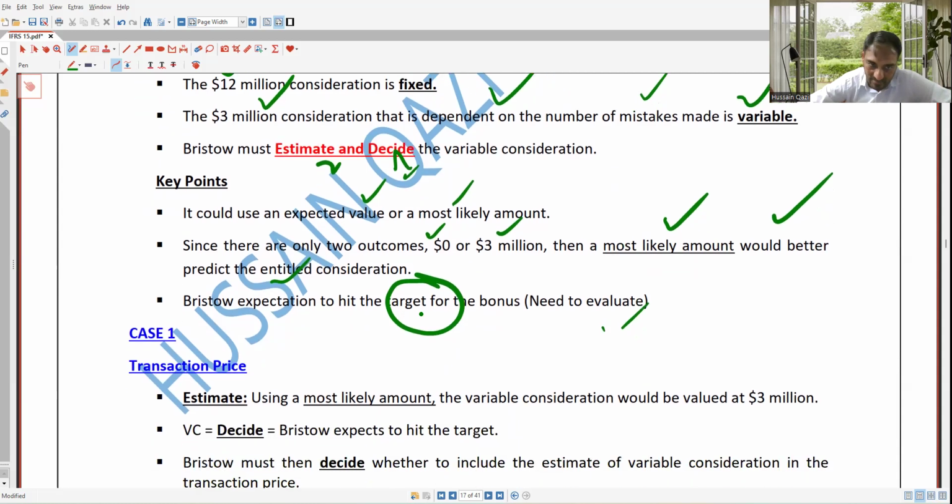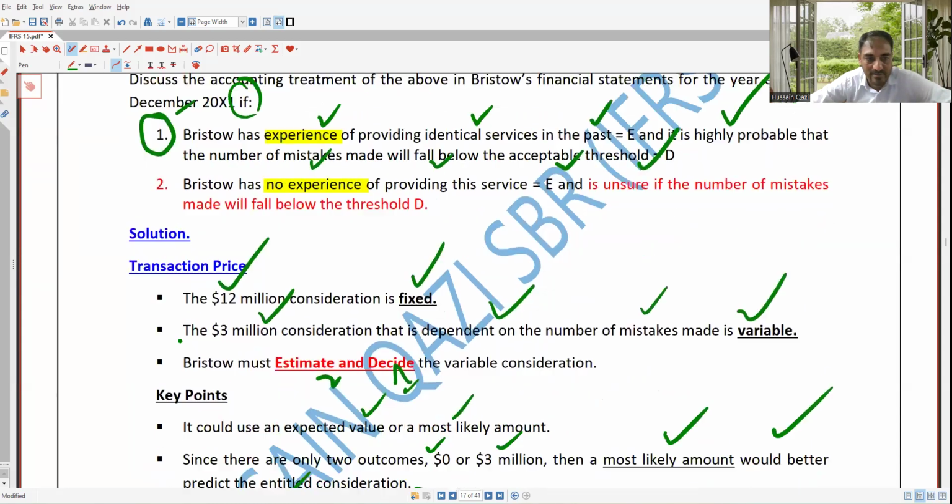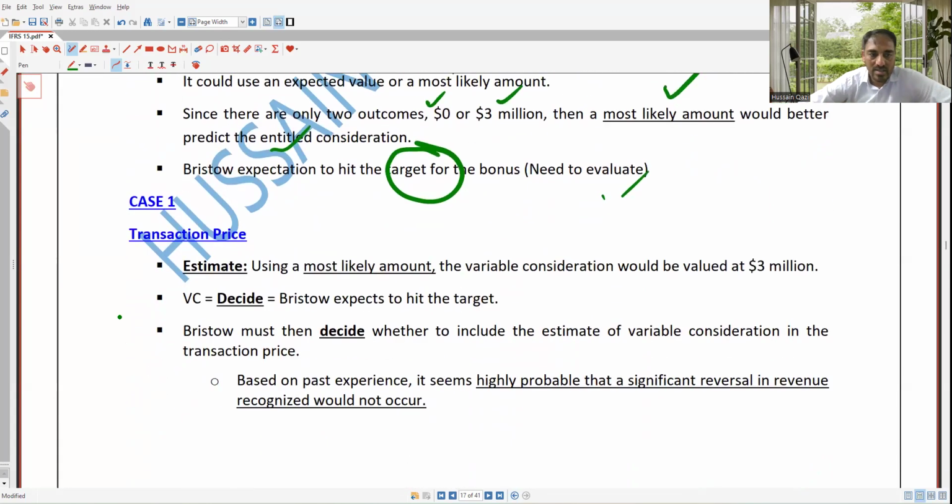That is Case 1. The estimate has been done. Okay, now the variable consideration needs to be decided. Bristow expects to hit targets.